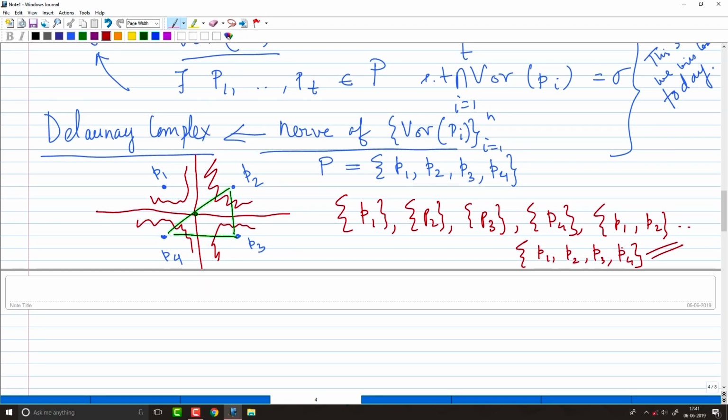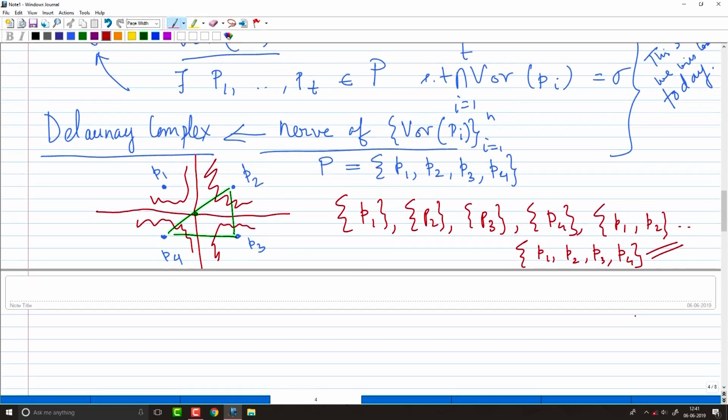Is this set P1, P2, P3, P4 in general position? The way we defined general position was any set of size less than or equal to D plus 1 in RD should be affinely independent. This is true here.